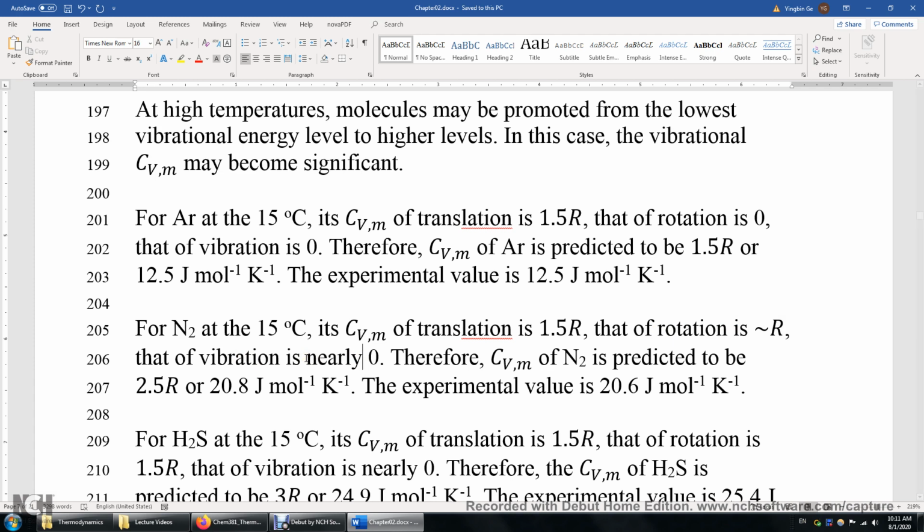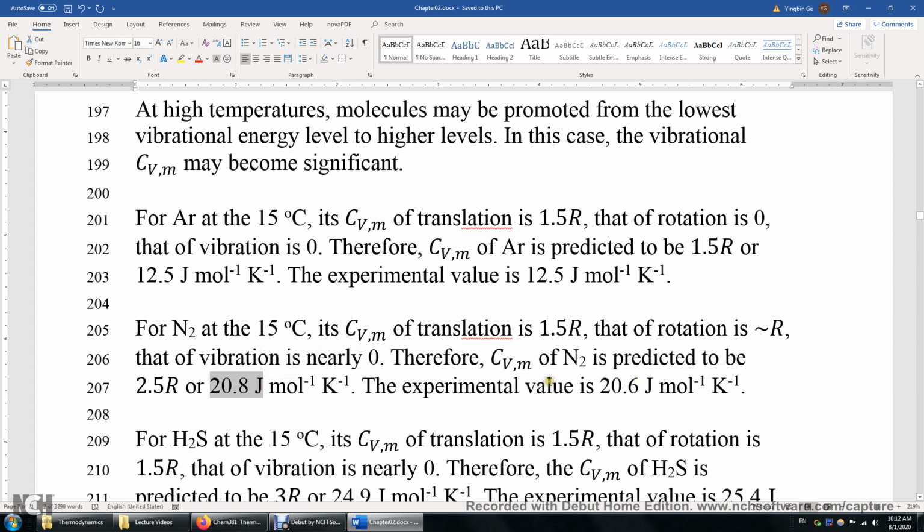The vibrational frequency is really high. It's very hard to promote nitrogen molecules from the ground vibrational energy level to the first vibrational energy level. Alright, so in this case, we predict the CVM of nitrogen 2 is simply 1.5 R plus R. It's 2.5 R or 20.8 joule per mole K, which also matches the experimental value really well.